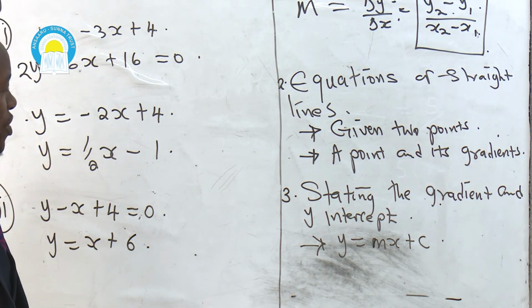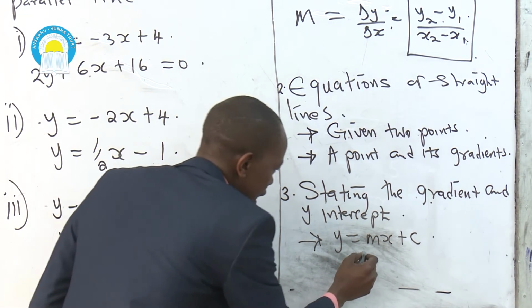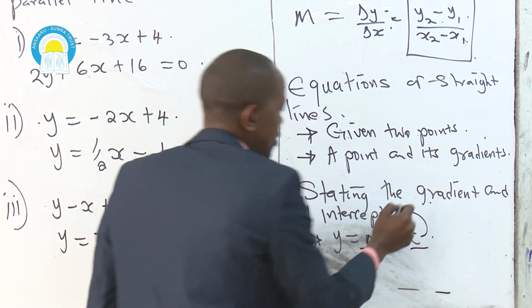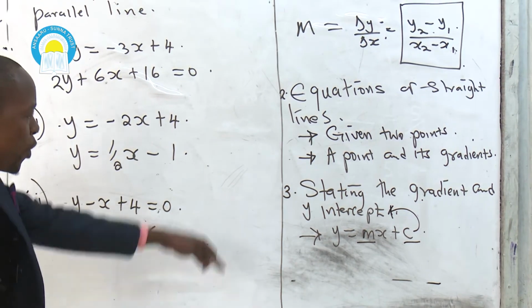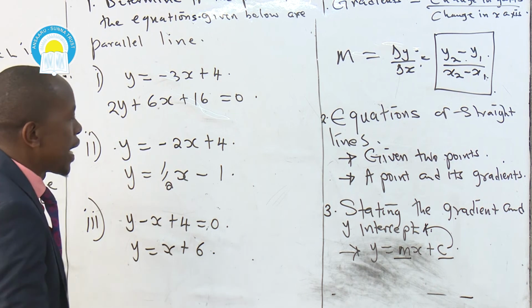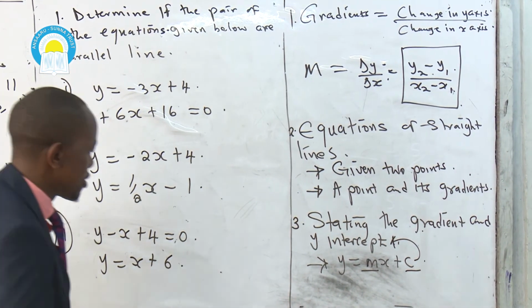Once that equation is written in that form, then m is the gradient and c becomes the y-intercept. And then we worked on many questions in regards to stating the gradient and the y-intercept.